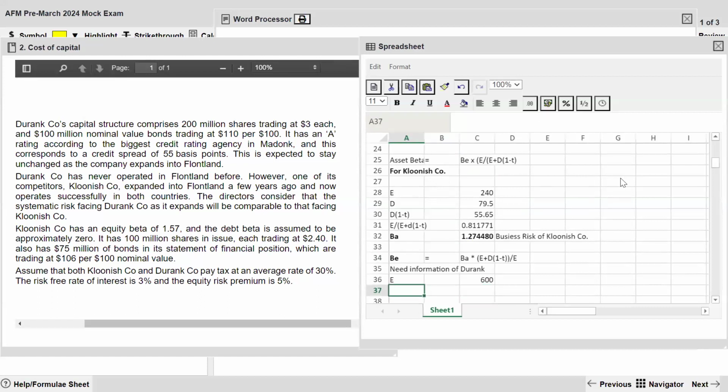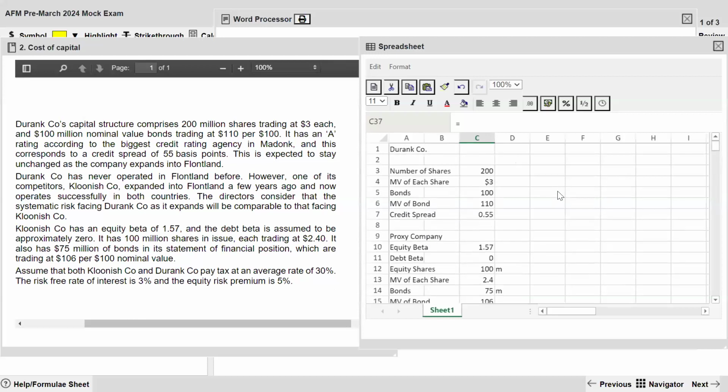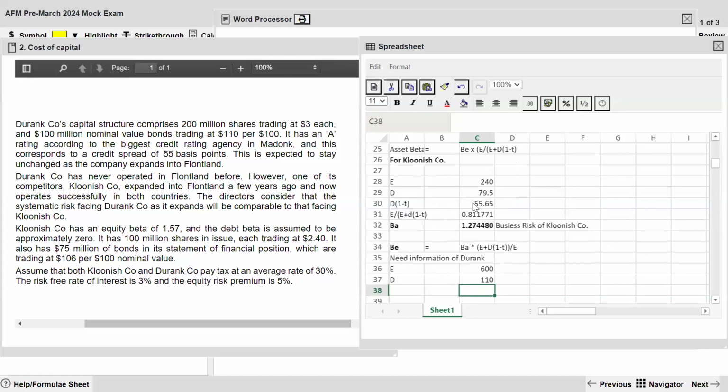This is E. Now D of Durang is going to be 100 divided by 100 multiplied by 110. So you've got E, you've got D. Now what next is there?